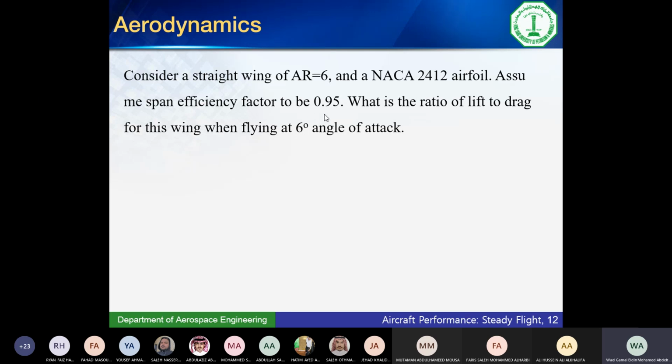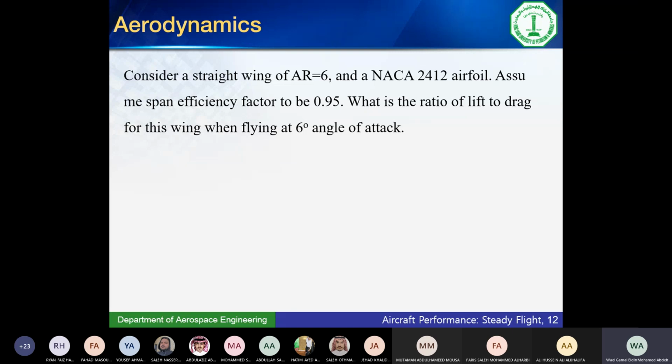Assume span efficiency factor to be 0.95. What's the ratio of lift to drag for this wing when flying at 6 degrees angle of attack? He's asking what's L over D. Now, there is no point in going and calculating L by itself, 1/2 rho V squared S CL, and then calculating D and dividing.